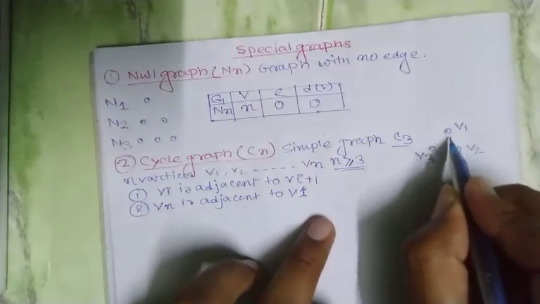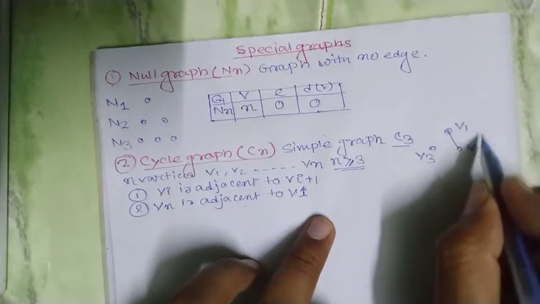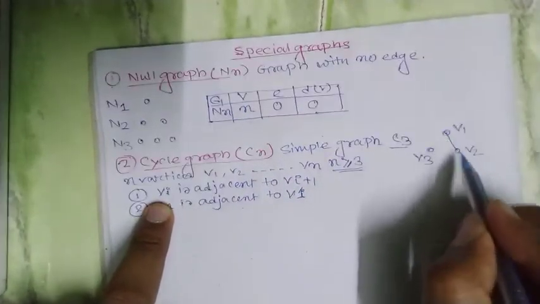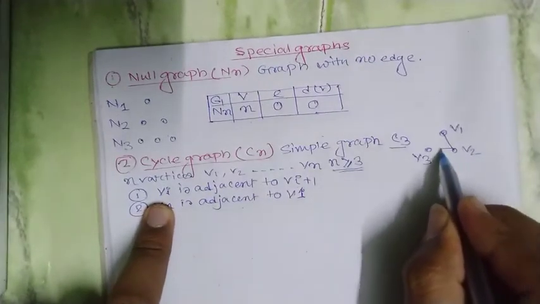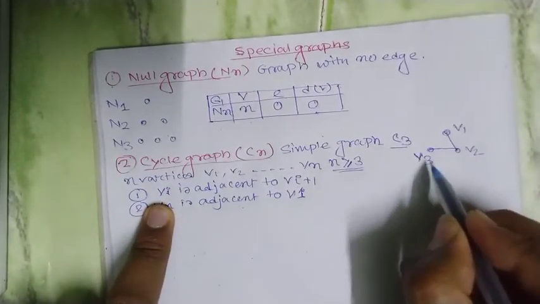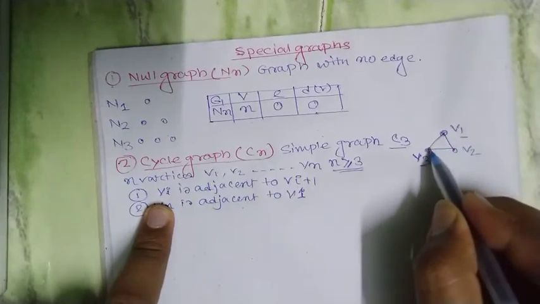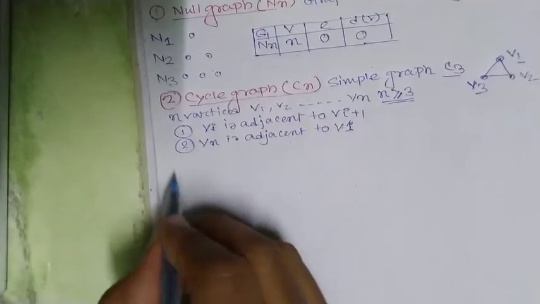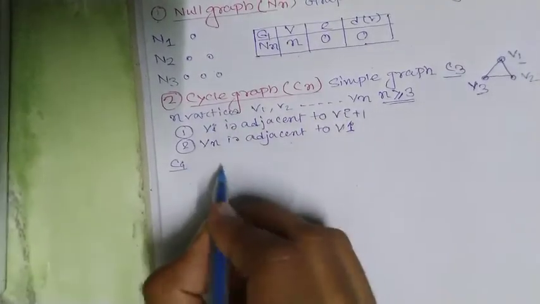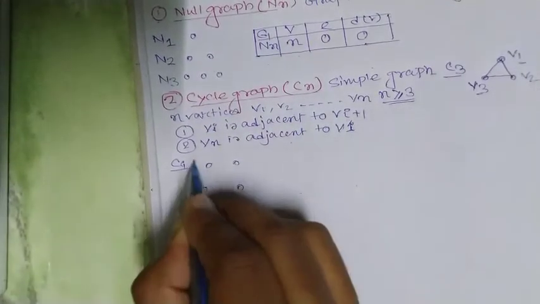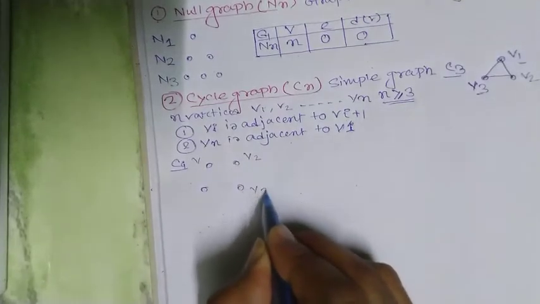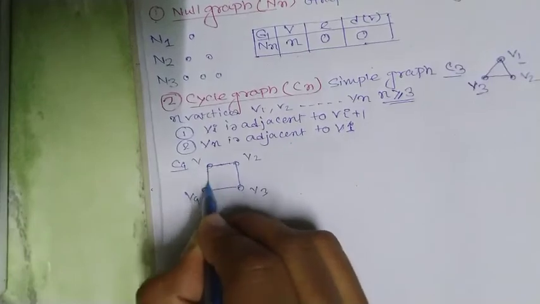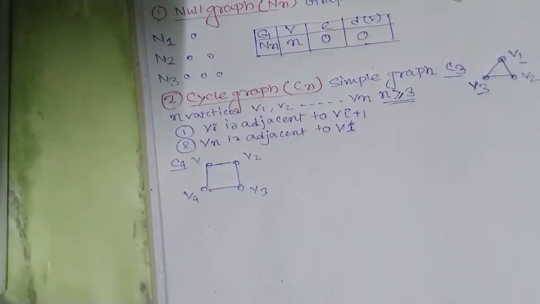We can say vi is adjacent to vi plus 1, so v1 is adjacent to v2, v2 is adjacent to v3, and v3 is adjacent to v1. So this is C3. One more example, C4, 4 vertices v1, v2, v3, v4. So this will be connecting like this. Okay, I think this much is clear.